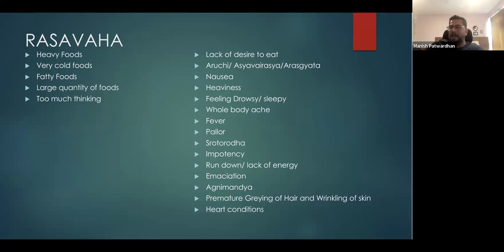Obviously, other things will happen in these cases, like women will suffer from menstrual problems, a lot of menstrual problems. Less menstruation, excess menstruation, clotting with the menstruation, all that will happen because of how the Rasava Srotas is being affected.